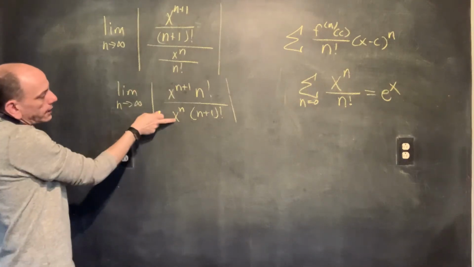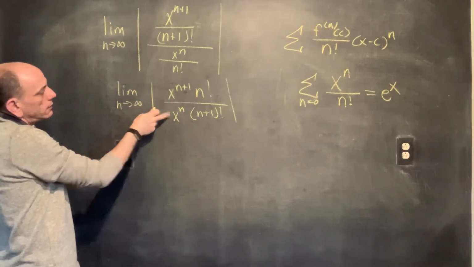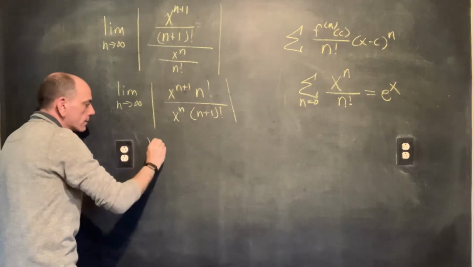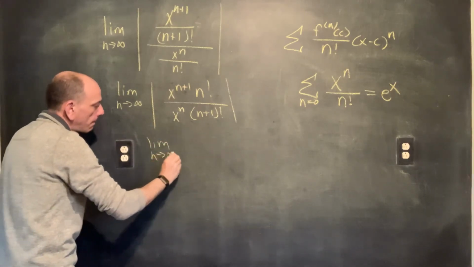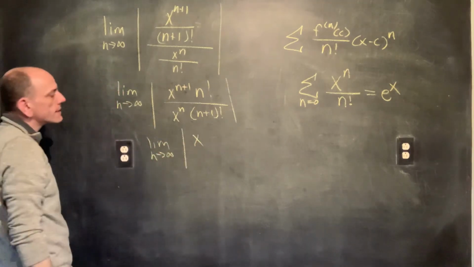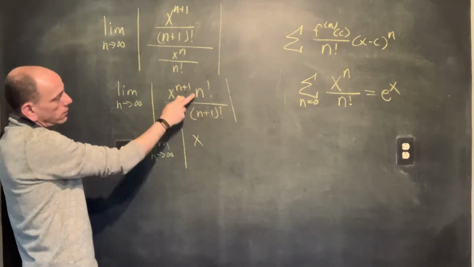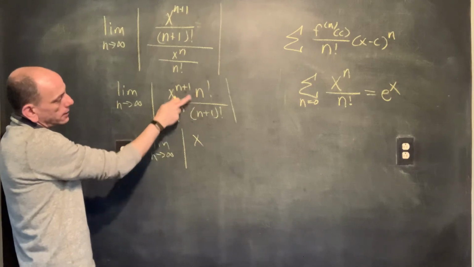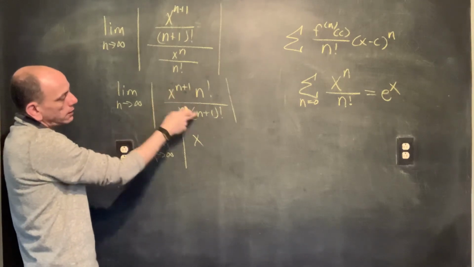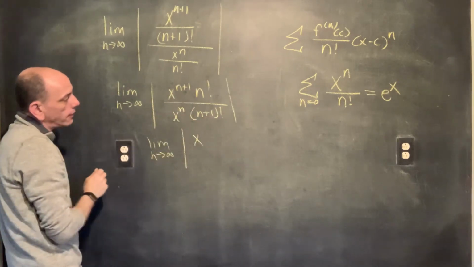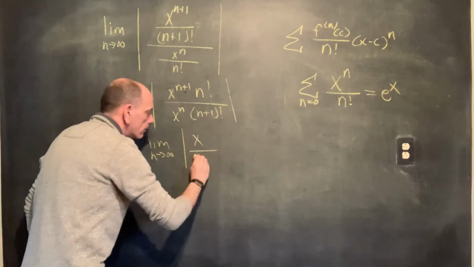Nice. So x to the n over x to the n, that's just 1. So I have x to the first power upstairs. n factorial over n plus 1 factorial, everything up to n is going to cancel out or become 1, and I'll be left with a single factor down here, just the n plus 1 left over.